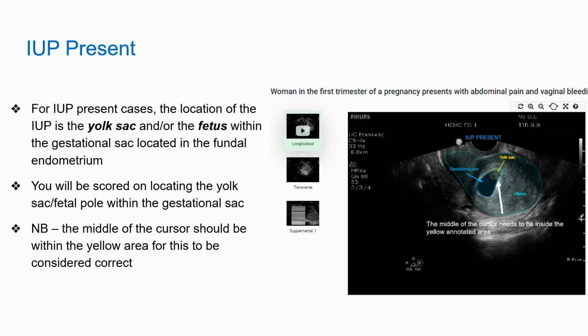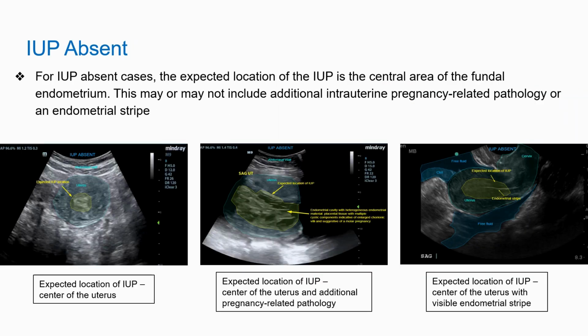As we mentioned, the primary task is to locate and identify if there is an IUP present or absent. Just of note, the cursor has to be in the middle of the yellow area, which identifies a yolk sac or fetus, to be considered a correct response. These are three examples that exemplify an IUP absent case.